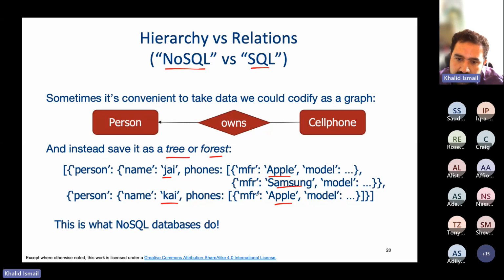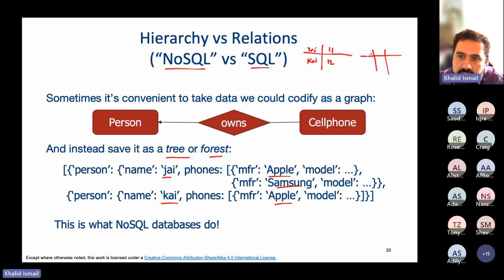So, for example, in this case, if we're going to represent this data model in tables, you can think about it that we have person name. The first name is Jai, for example, and the second person is Kai. The ID here is 11, and the ID here is 12, for example. And we have another table called phone.